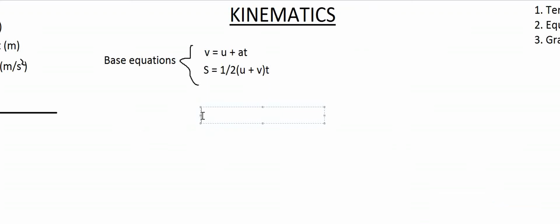The third equation is S equals ut plus half at squared, and the fourth equation is v squared equals u squared plus 2as.